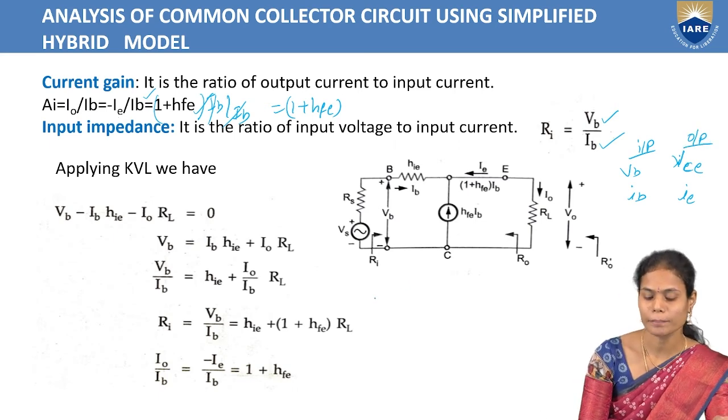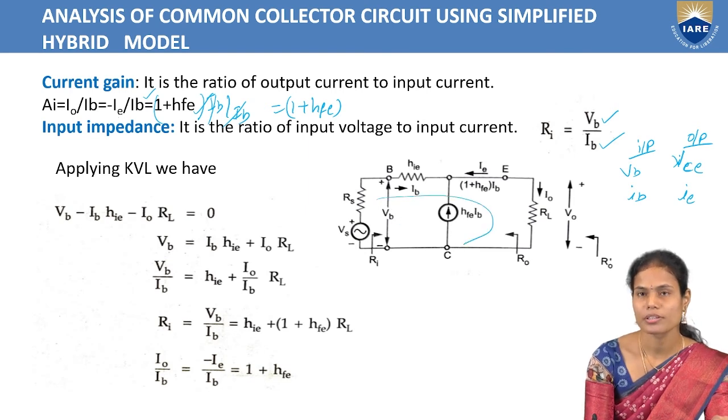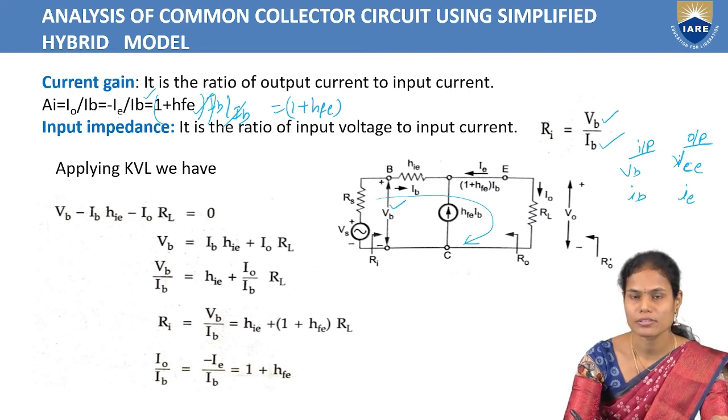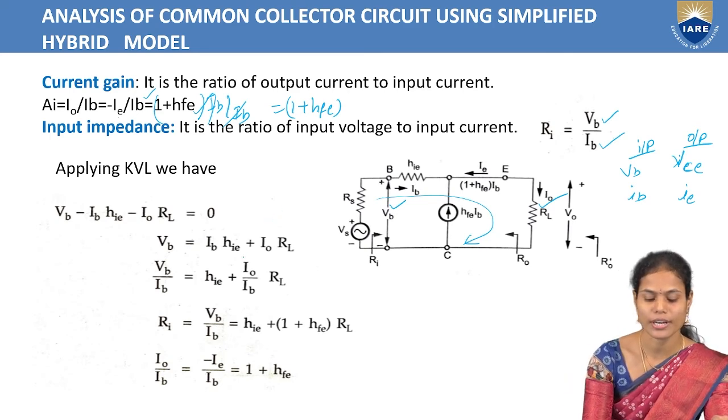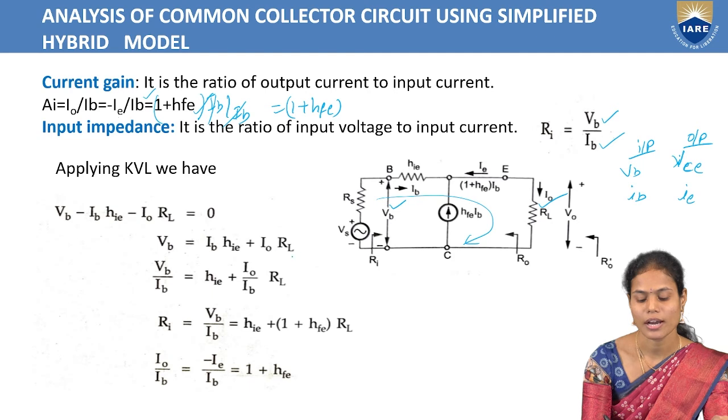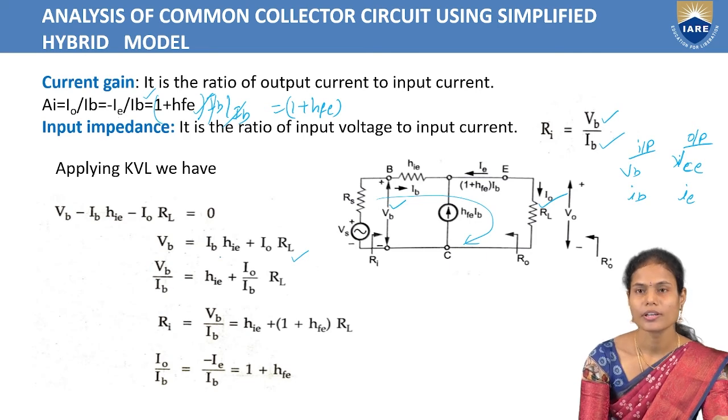So to find the input impedance, I am applying KVL to the approximate circuit. We will get VB minus the drop across this resistance, that is IB into HIE, minus the drop across this particular load resistance, that is I0 into RL, is equal to 0. From this we can write VB equal to IB HIE plus I0 RL. And if we divide it by IB, we get VB by IB equal to HIE plus I0 by IB into RL.